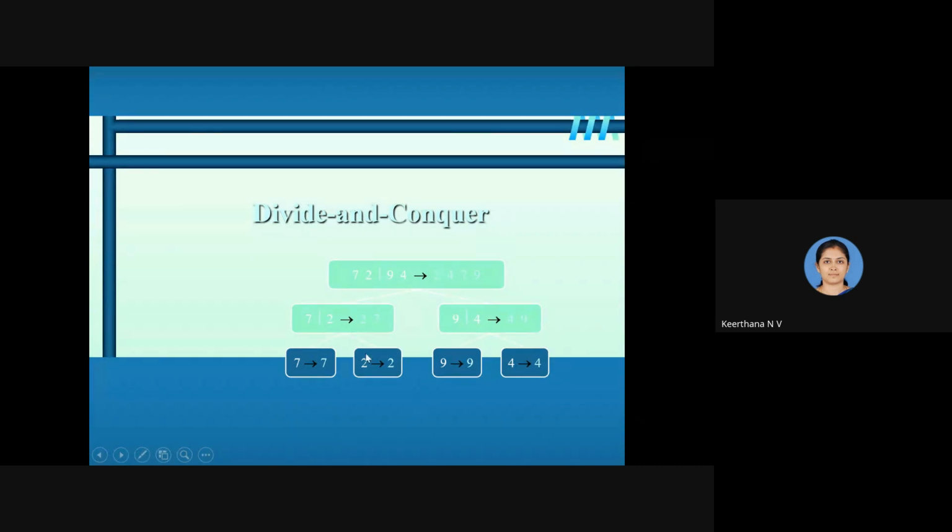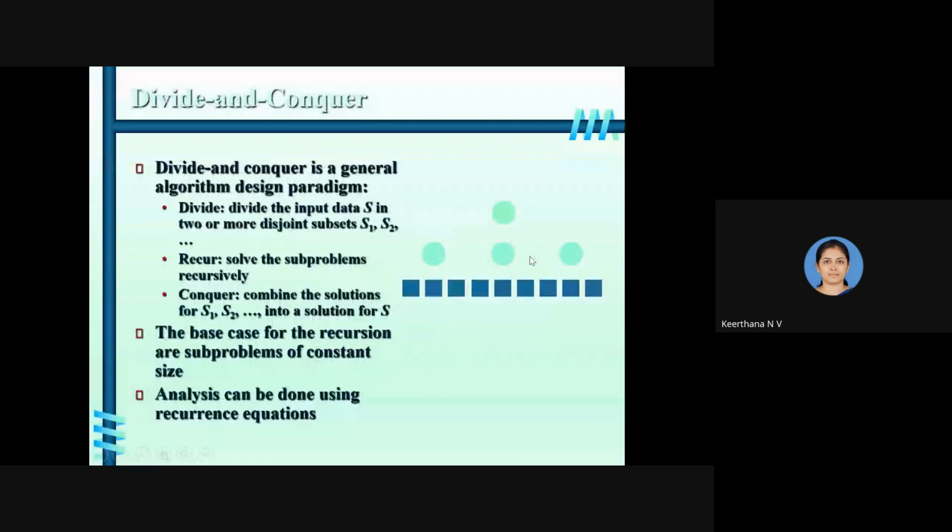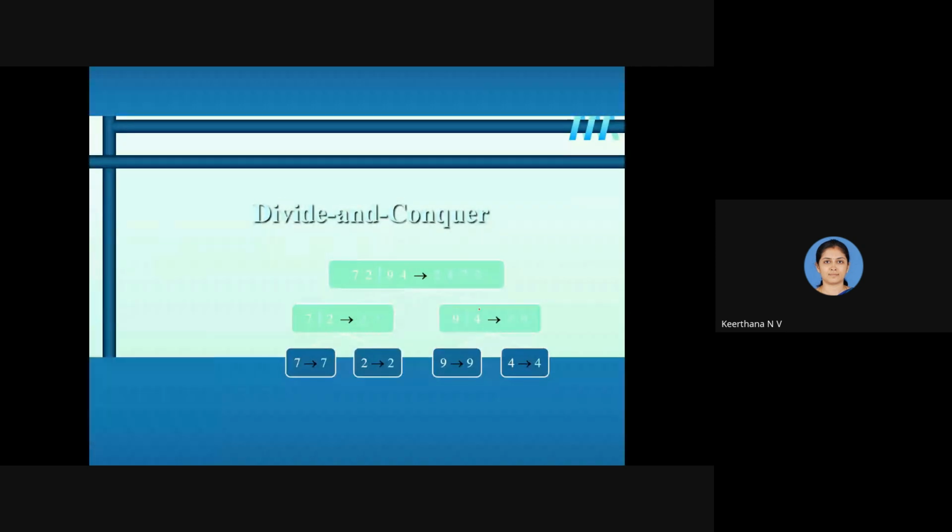First I have 8 numbers here, and I will be dividing these n numbers by 2. Suppose 8 numbers, then 8 will be divided by 2, which is 4. Initially I have to divide my problem into 4 numbers.